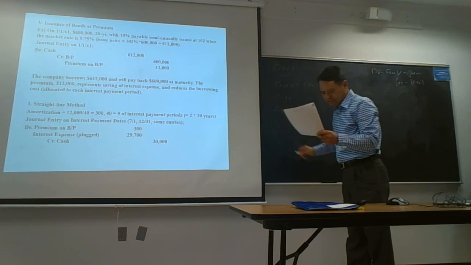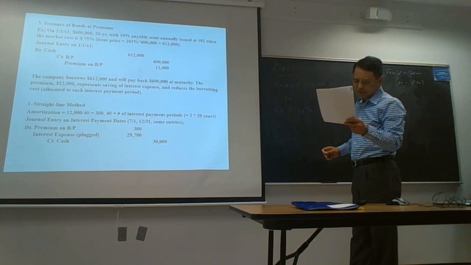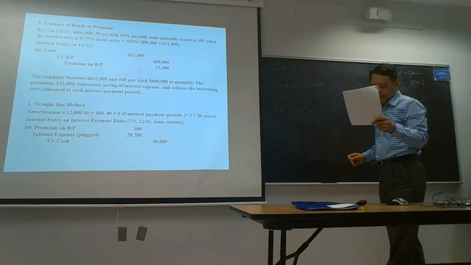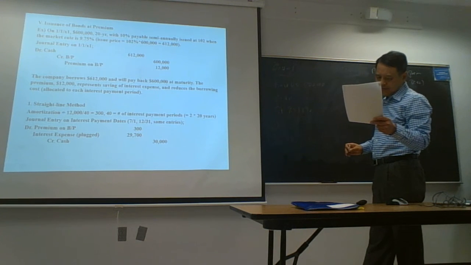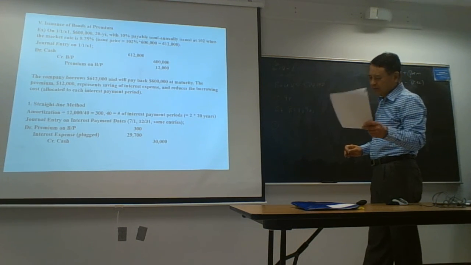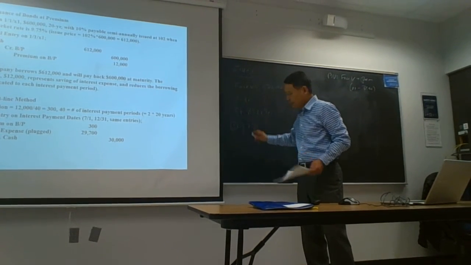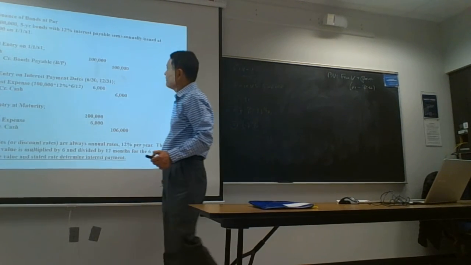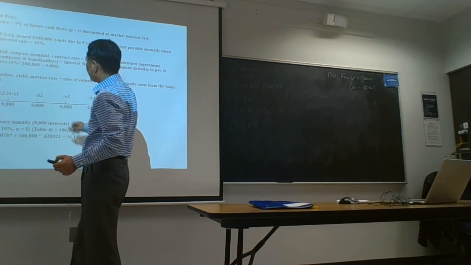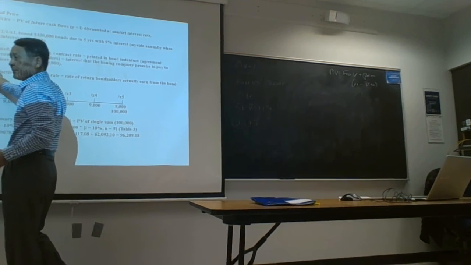Question 1. What is the price of the bond, the proceeds the company will receive, if the company sells the bond to yield 12%? As I explained last week, look at this: 12% has 3 different names.